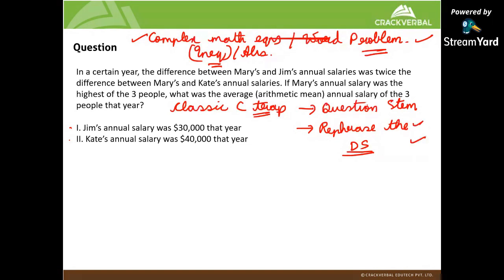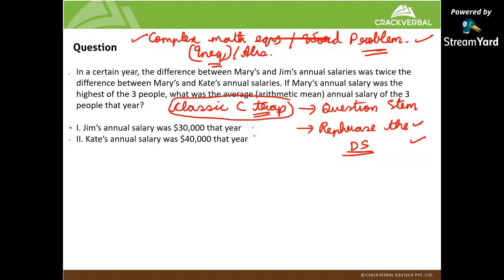If you're able to do that, it will save you time to work with the statements, and it'll keep you from falling for these traps. So let's break this down. In a certain year, the difference between Mary's and Jim's annual salaries was twice the difference between Mary's and Kate's annual salaries. If Mary's annual salary was the highest of the three people.